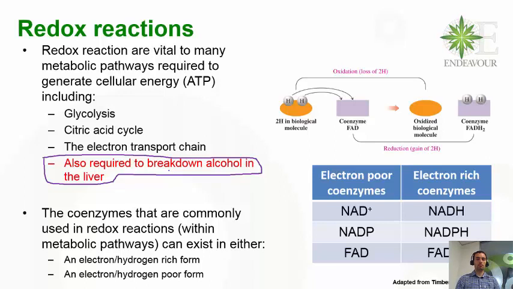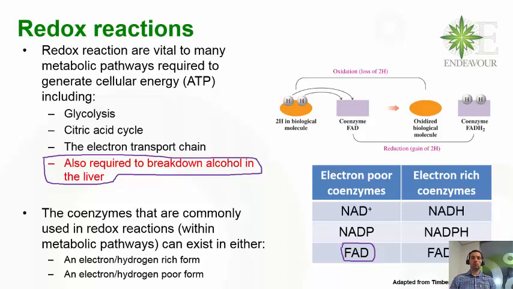So what's so great about these coenzymes is they can actually exist in either an electron-rich or an electron-poor form, also corresponding to hydrogen-rich or hydrogen-poor. So in the reaction I just showed you, where it was FAD reacting with the biological molecule, the FAD is considered to be electron and hydrogen poor because it has fewer hydrogens than the other version of the coenzyme, FADH2.